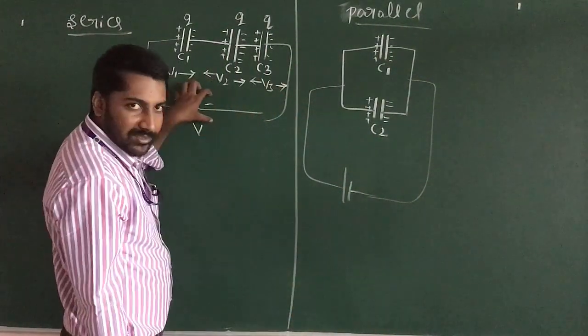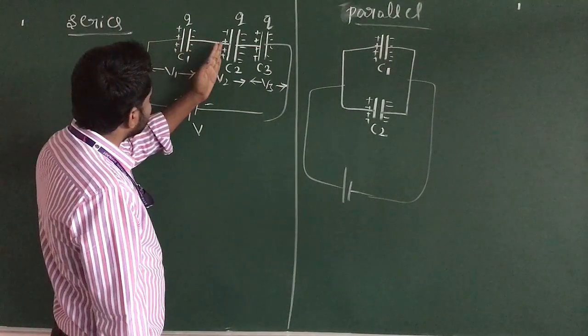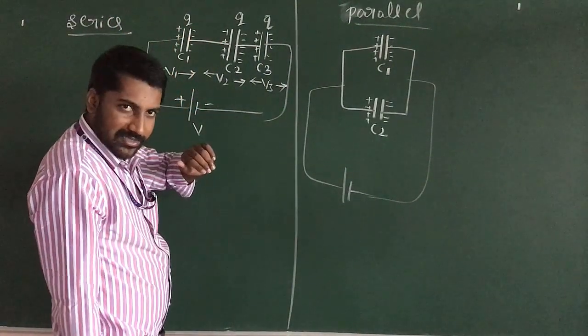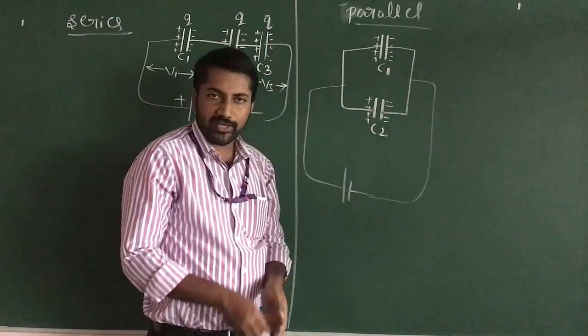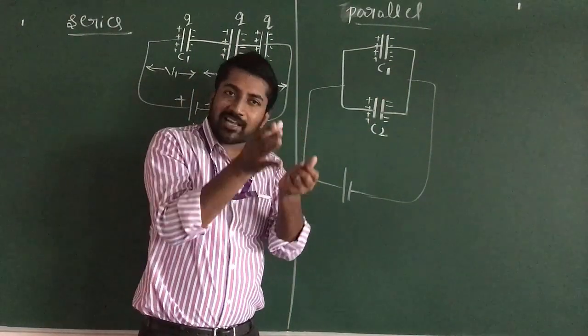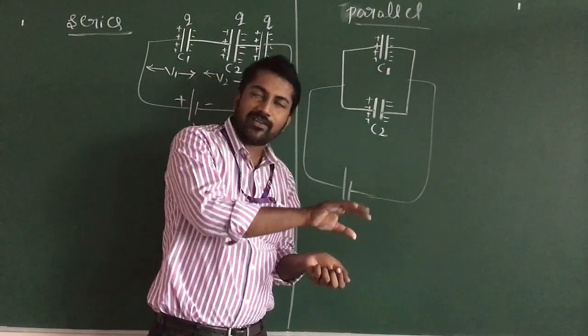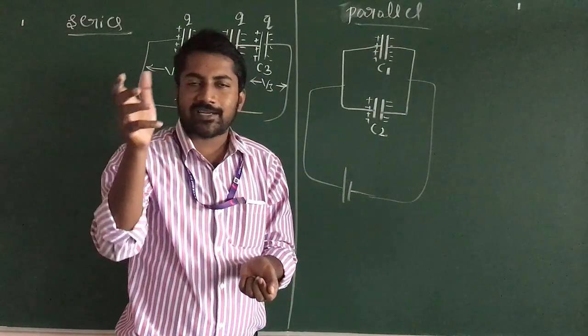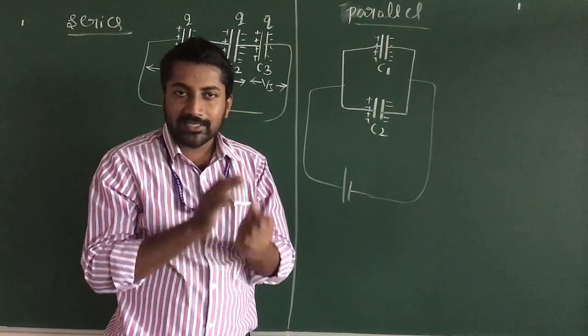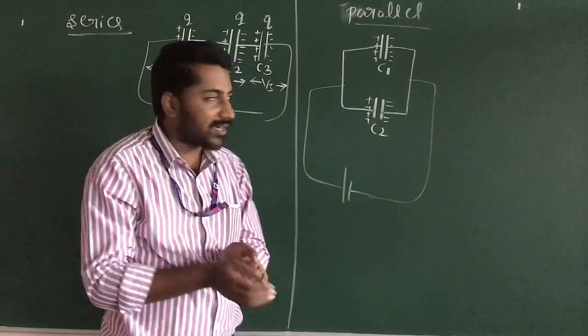But in series combination, the positive plate of one capacitor is connected to the negative plate of the other capacitor. In case of parallel combination, the positive plates of all the capacitors are connected to one common point and the negative plates of all the capacitors are connected to another common point. This is the first difference. This is very important.